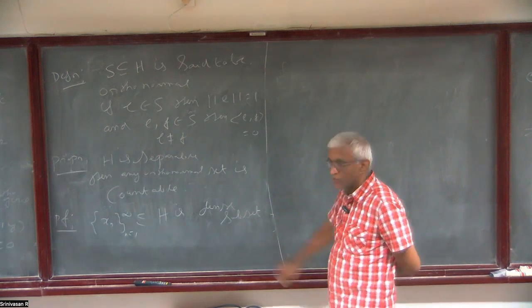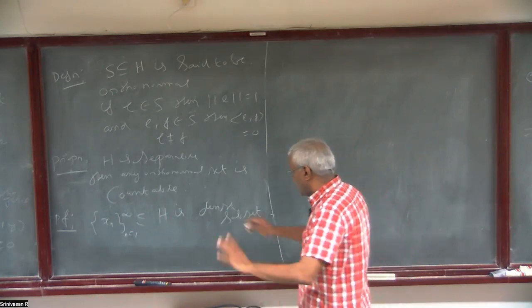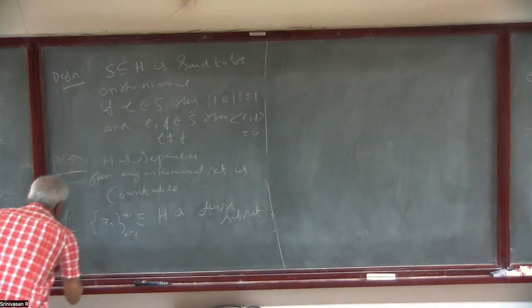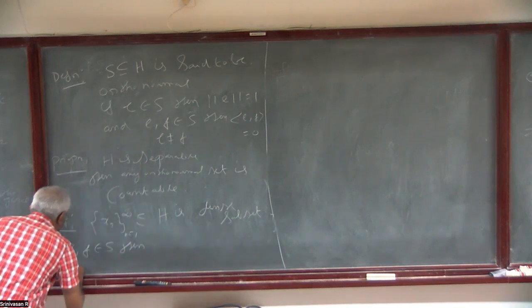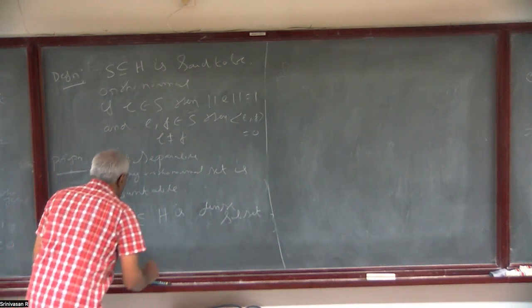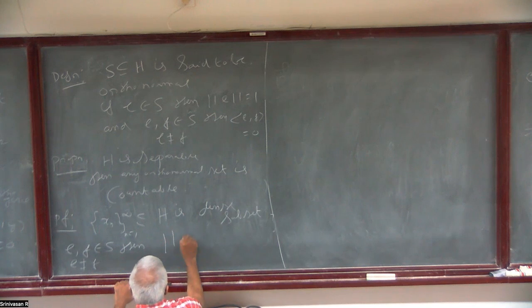We want to prove S is countable. So let E and F be in S, with E not equal to F. Let us calculate the distance between E and F.